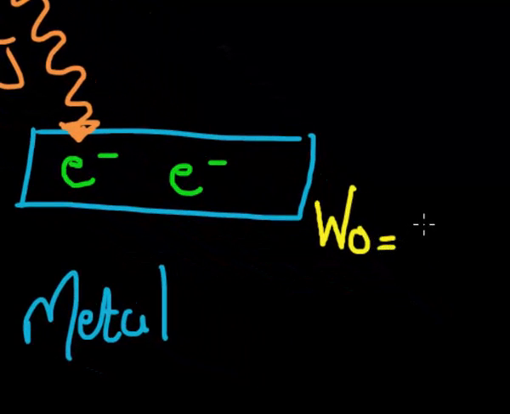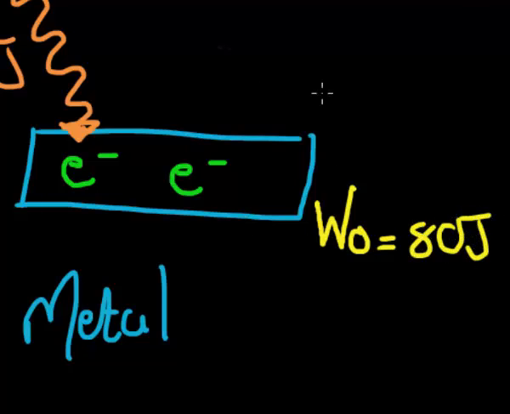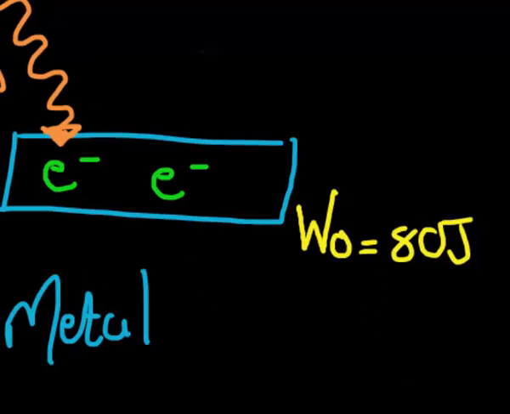So let's start off here with a work function, as an example, that this metal has of 80 joules. So that means my photon comes in, it gives all the 100 joules of energy to this electron. Now this electron, in order to leave, must first pay, almost like bail money, the work function before it can leave.